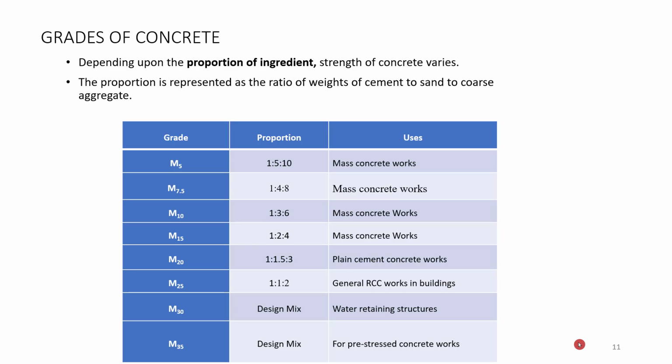For M30 and M35, the code insists on a design mix, designed manually, and to test the cube. If the cube is behaving as per the design, showing the minimum strength, then you can take it for the design and the execution.